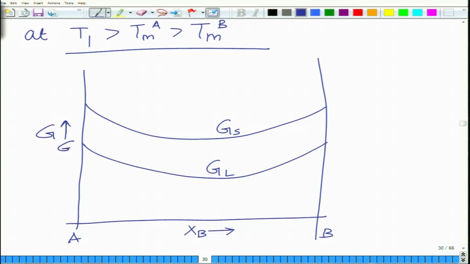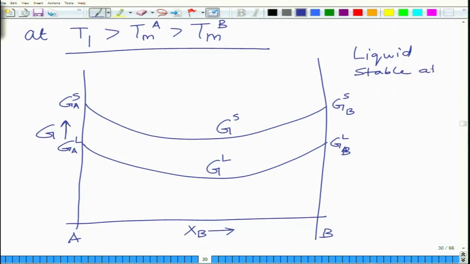So, this is GAL, this is GAS, this is GBS, this is GBL. This tells me that all throughout the range liquid is stable, which means liquid is stable at all XB.